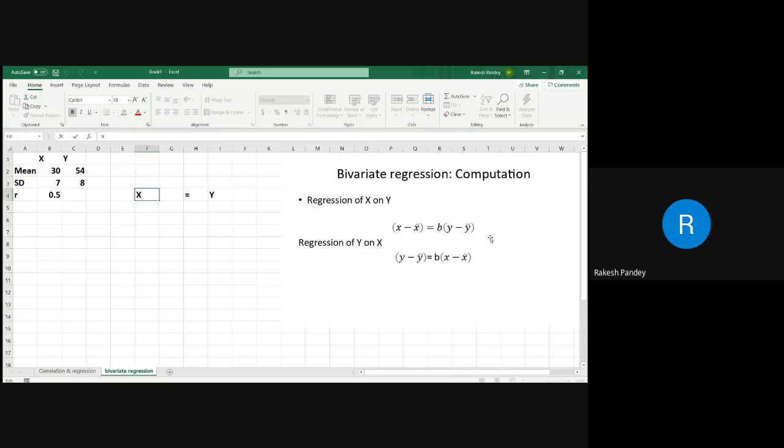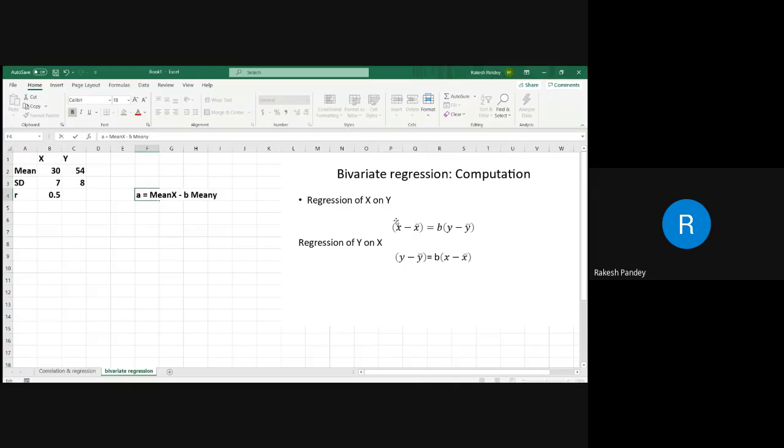So we have obtained that this constant is basically the value of a. So x is equal to by plus x bar minus b y bar, and x bar minus b y bar can be called a. So if you have to write the formula of a, then a is equal to, in this case, mean x minus b times mean y.